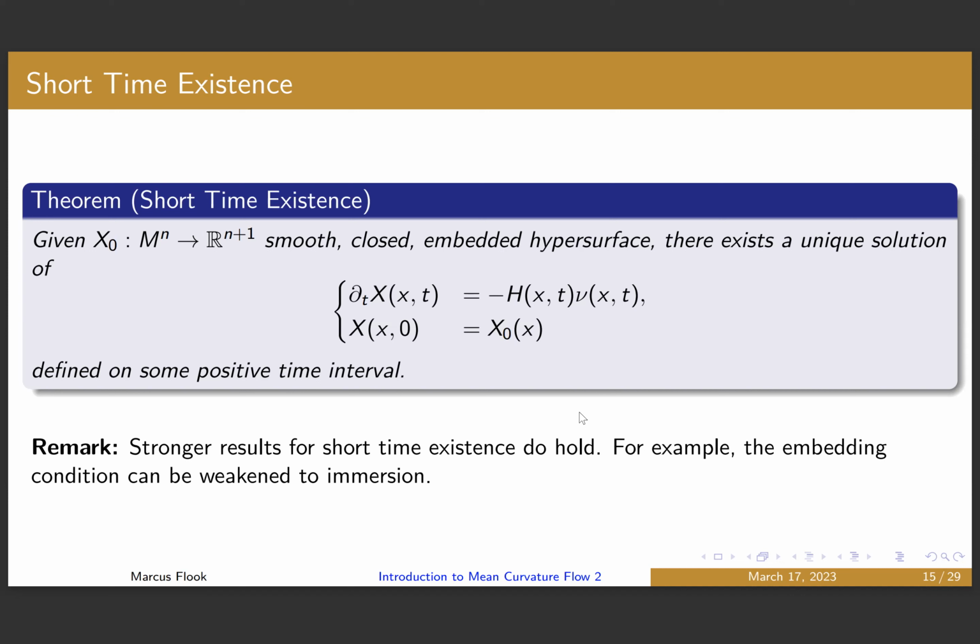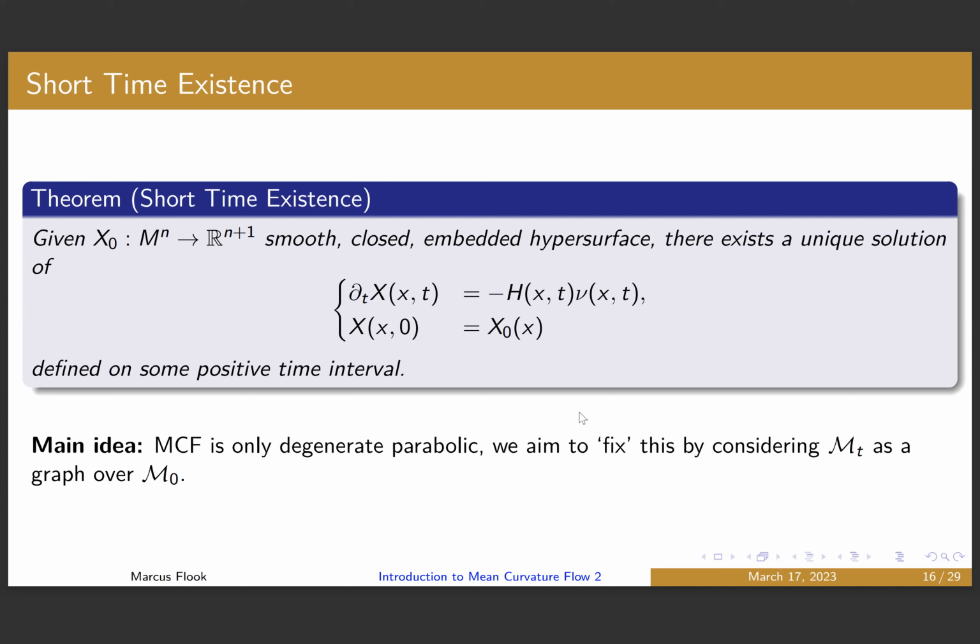The key philosophy that we mentioned briefly in the first talk, but I should highlight again before we jump into the nitty-gritty of the proof, is that when we were looking at the mean curvature flow last time, we realized that it was weakly parabolic, that there was a degeneracy in the tangential directions. What we noticed, though, when we wrote this locally as a graph was that the graphical solution was a strictly parabolic PDE.